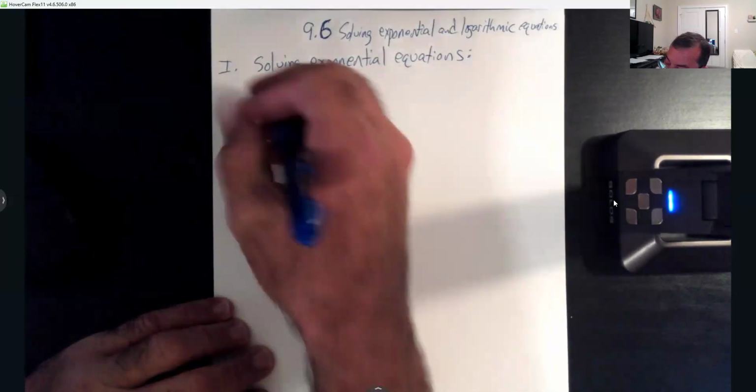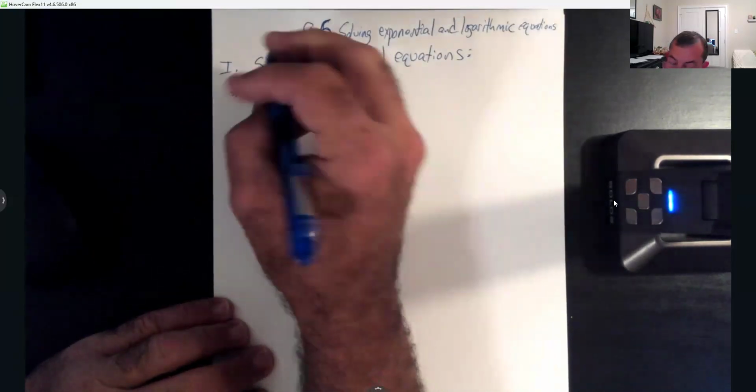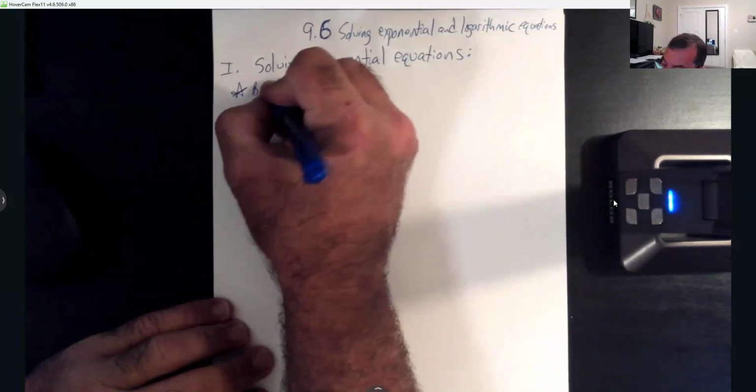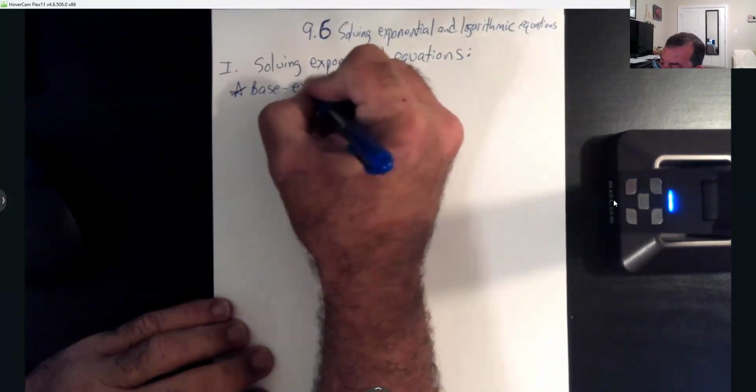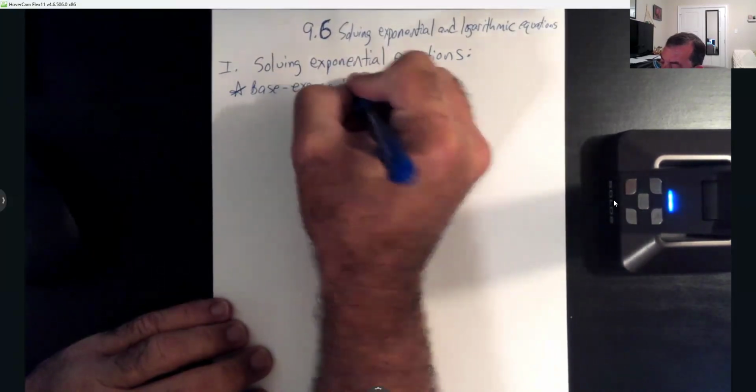So to solve an exponential, we've got a property that helps us, and this is called the base exponent property.